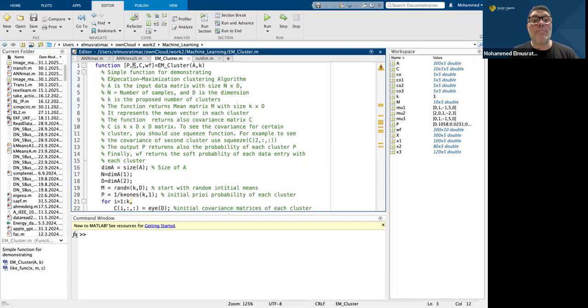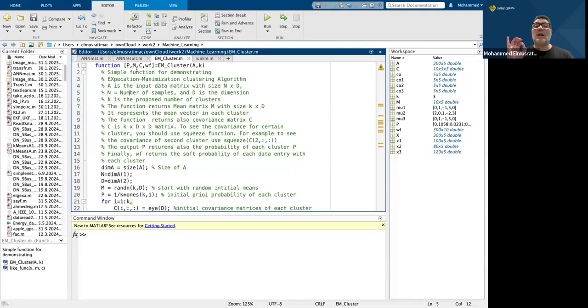We have also M. It returns to you the mean vector of each cluster. So for example, if the dimension of each data point is 5, and you have 3 clusters, in this case M will be 3 rows and 5 columns. It gives you the mean vector of each cluster.